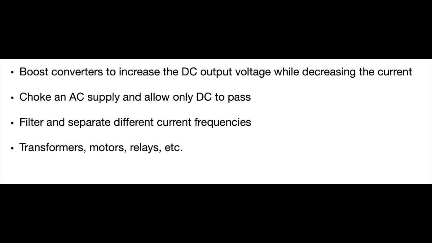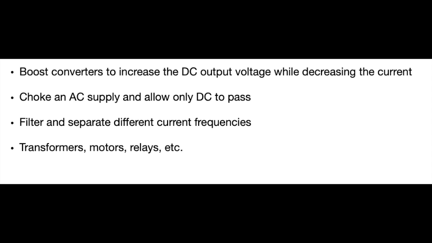We can use them to filter and separate different frequencies of current, and they are also used in transformers, motors, relays, and many other electrical components. One thing that you can keep in mind is that every tightly coiled wire will act as an inductor. So this will include motors, transformers, and relays.